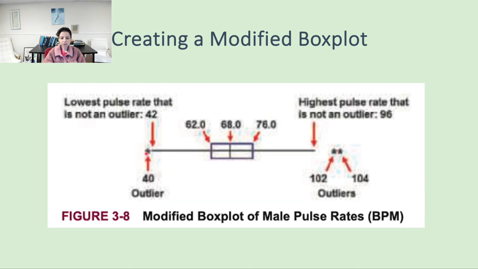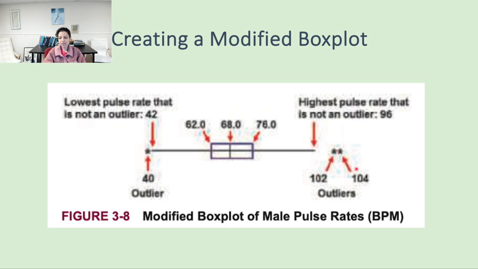So here we've got our minimum, which is 42, our maximum, which is 96, okay, our first quartile, which is 62, second quartile, which is 68, third quartile, which is 76, okay.